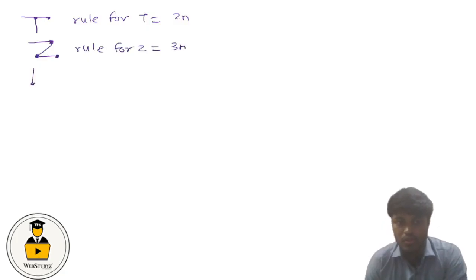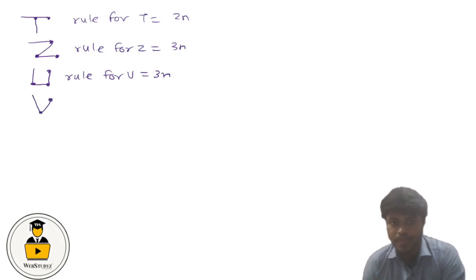Then for U, we will require 3, so for U also 3n matchsticks are required. Then for V, we will require 2 matchsticks. So for letter V, the rule will be 2n.